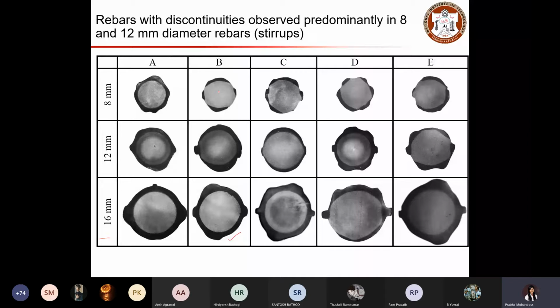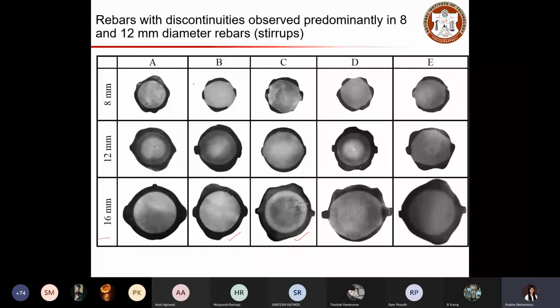You can see it in C, D, E. Whereas as the diameter increases, they have better control on the outer ring formation, and you can see in 16 for manufacturer B it shows better quality rebar, and C also gives you a better outer ring, whereas all these others indicate poor quality rebar.